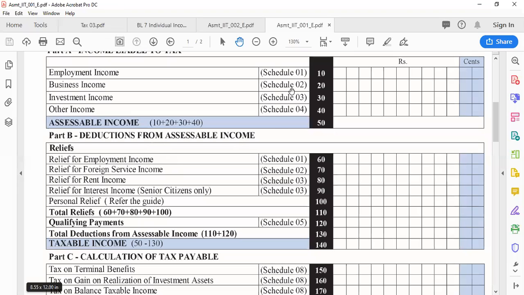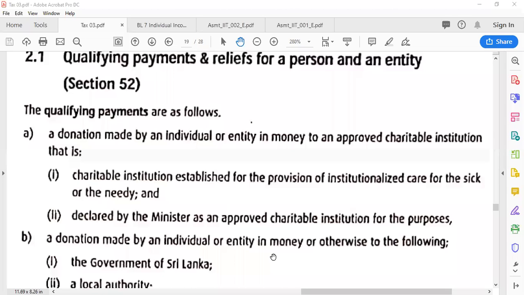Qualifying payment and relief for a person and an entity are explained by section 52. First, we will discuss qualifying payments.